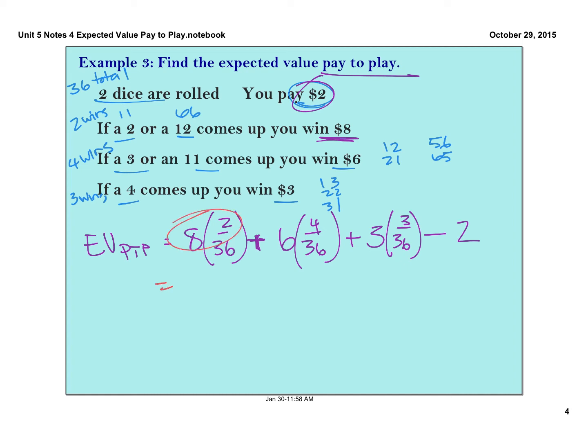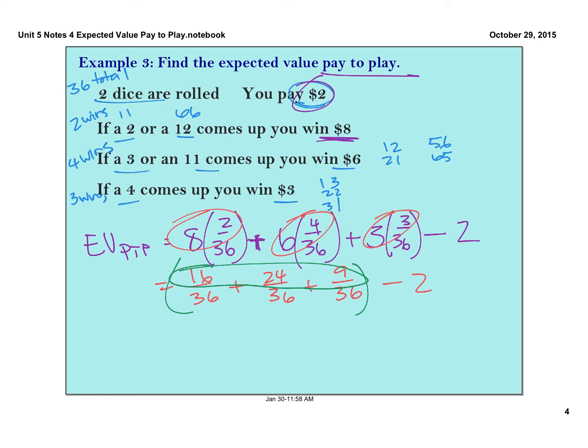This gives me 16 out of 36 plus 24 out of 36 plus 9 out of 36, and then minus 2. I'm going to put these fractions together first, because again, common denominator here. So I'm going to add the tops. 16 plus 24 plus 9 is 49. So that's 49 out of 36 minus 2.